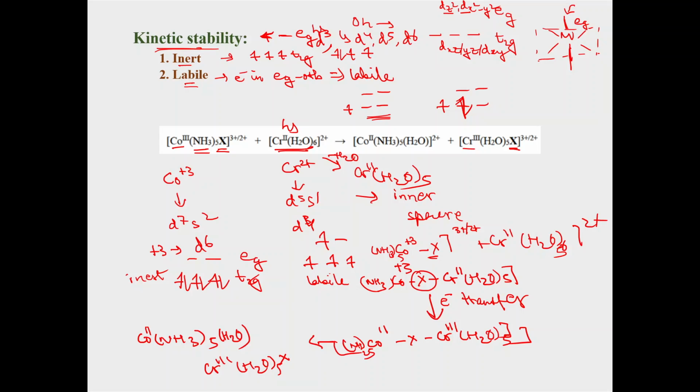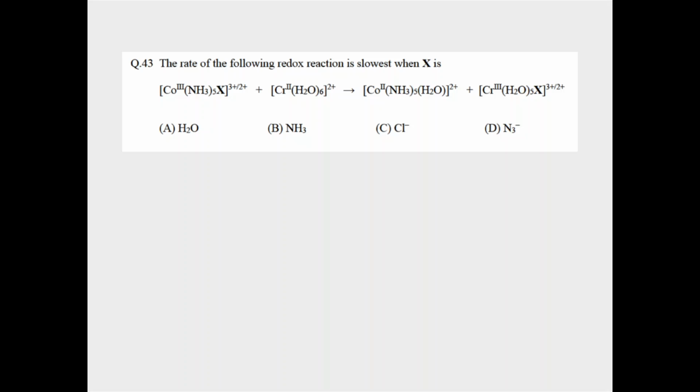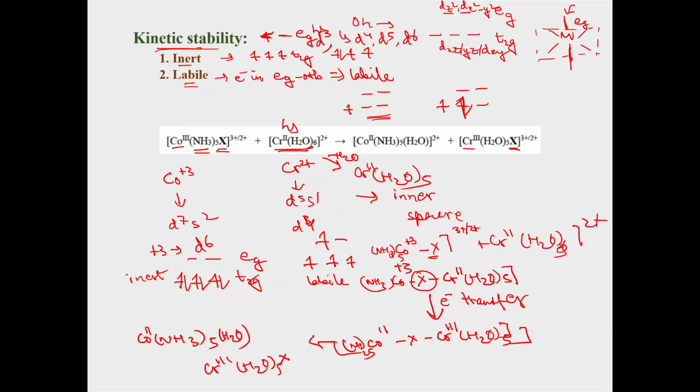So now, coming back to the question, that is when the rate will be slowest for this redox reaction. So here, if this X is a good coordinating ligand, then it will coordinate properly and electron transfer can go through this.